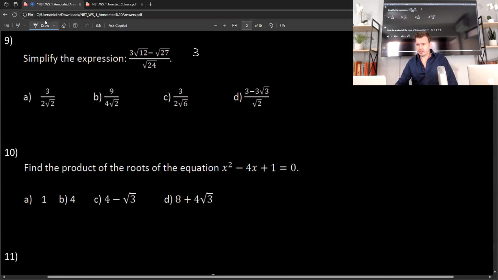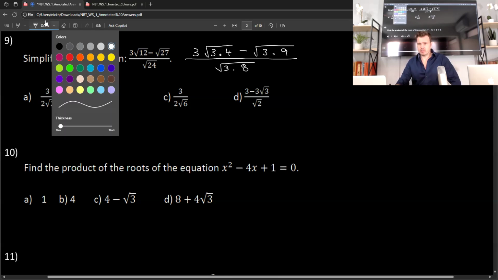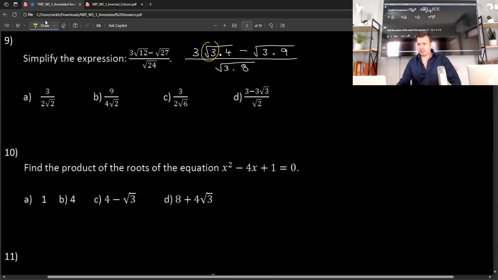What I mean by that is if I turn 12 into 3 times 4 and I turn 27 into 3 times 9 and I turn 24 into 3 times 8. What I notice is I have root 3s everywhere. And so what I can do is I can take out the root 3 as a factor.